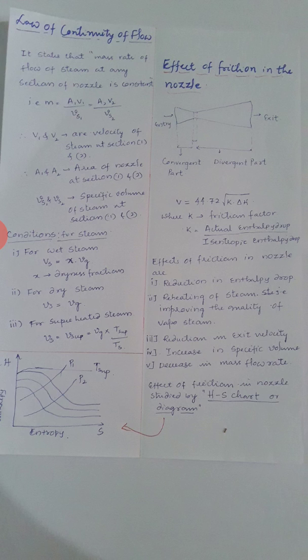As we know, in friction there is molecular bombardment between the surface of the nozzle and the molecules of steam, creating further reheating of the steam. Next, reduction in exit velocity. At the divergent part the enthalpy drop suddenly occurs, due to which kinetic energy decreases, which greatly affects the exit velocity.